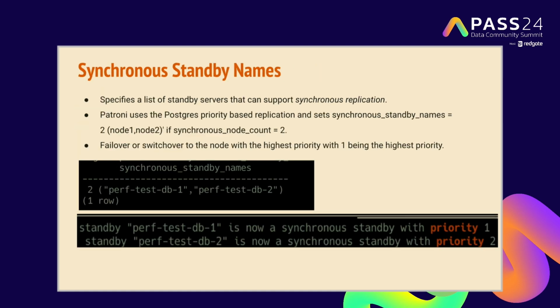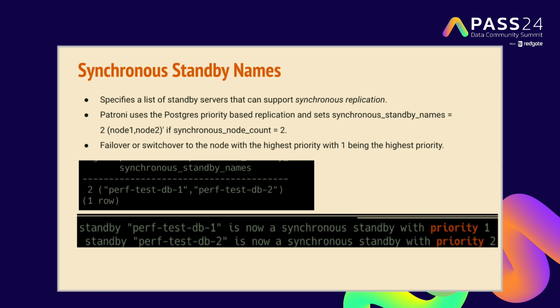I'm sorry, you said earlier that priority is given to the one with the least maximum lag on failover. Like it's looking at how far behind it is. Yes. It chooses, but then here you're saying it's priority. So which is it? So it'll set priority 1 and 2, but in case there is a lag on one of the standby nodes, then it'll change the priority of the synchronous node to the highest priority.